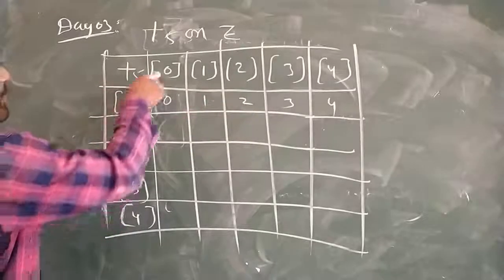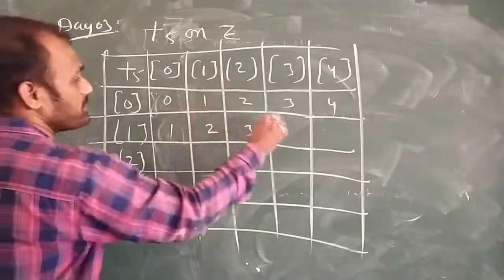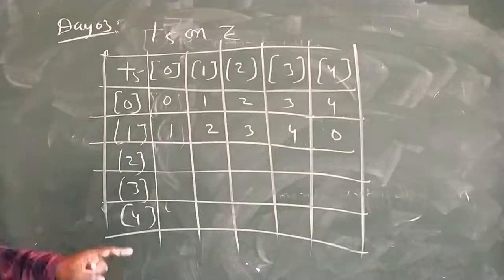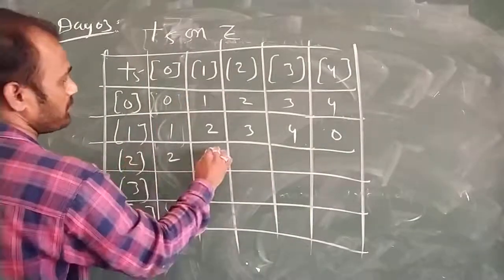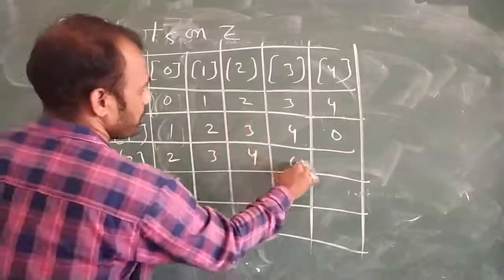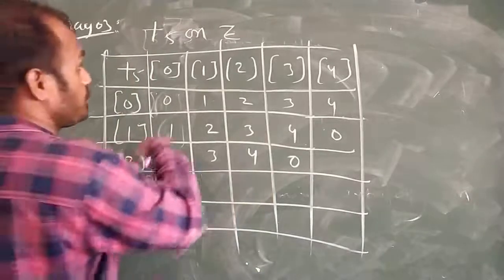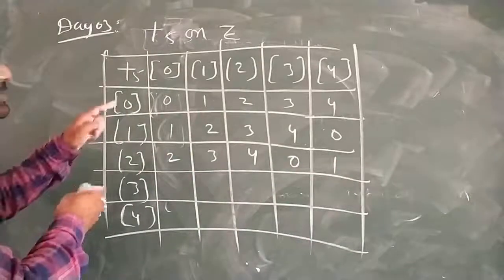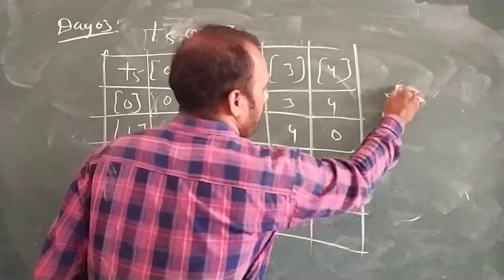Now 1 plus 0 is 1, 1 plus 1 is 2, 1 plus 2 is 3, 1 plus 3 is 4. 1 plus 4 I am getting 5, so I put it as 0. 2 plus 0 is 2, 2 plus 1 is 3, 2 plus 2 is 4, 2 plus 3 is 5, which is 0. 2 plus 4 is 6, which is 5 more than 1, so the remainder becomes 1. If it is 5, I put 0.